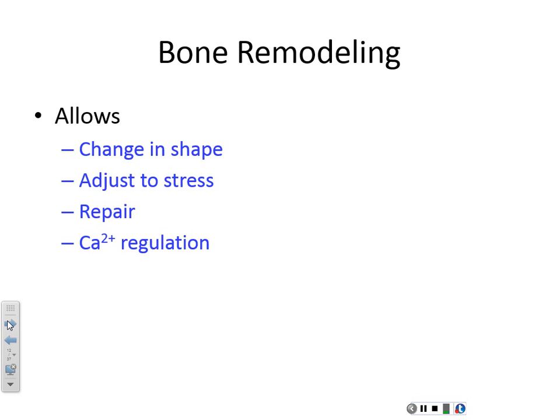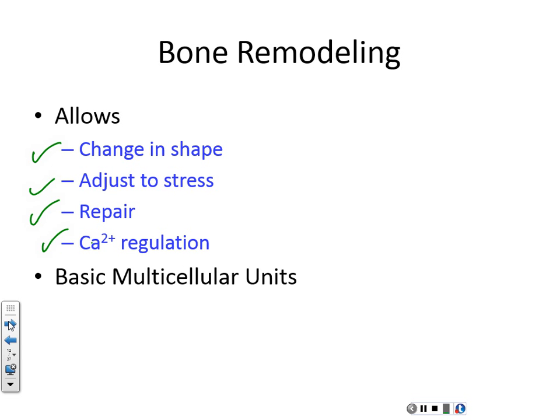Also, you can break it down to release calcium. If you don't have enough calcium, you can break down the bone, because hydroxyapatite has 10 calcium ions in just one molecule. So there's a lot of it. So: calcium regulation, repair, and adapting to stress. It gives the bone the ability to change shape when you need to.